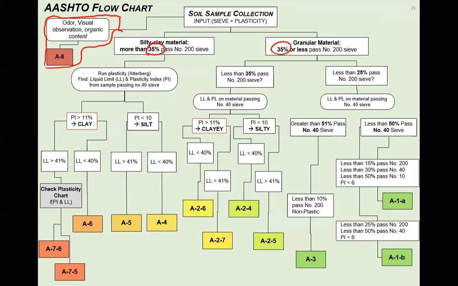For this, it's 35%. So you could have 60% of your material being granular material, or you could have 70% granular material, but it would still be classified as silty because more than 30, no, other way around.